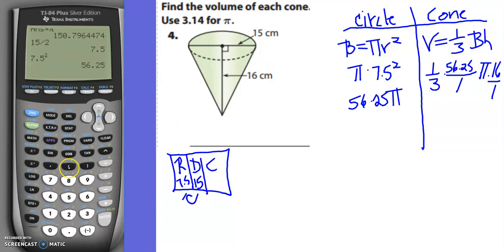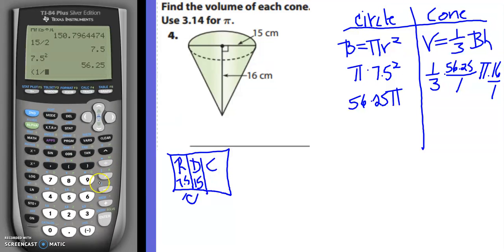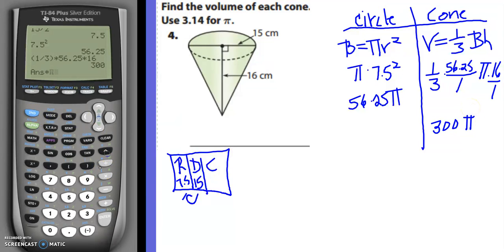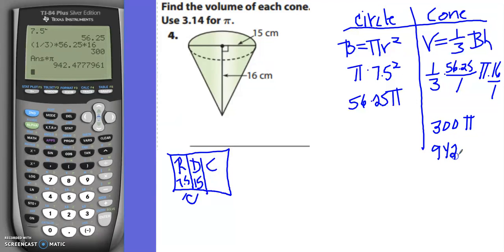So we're going to do 1/3 times 56.25 times 16. We get 300 pi. So 300 times pi will get me 942.5. And since we're talking about volume, we are going to say centimeters cubed.